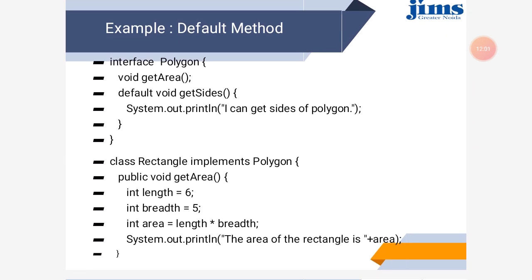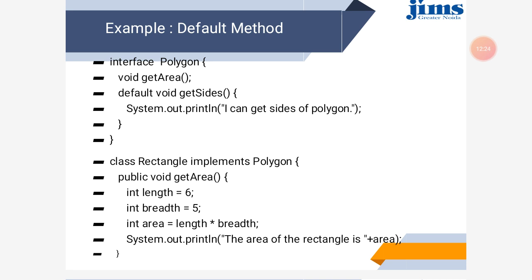We will talk about this program. In this program there is Polygon, which is an interface, and this contains one method getArea, that is an abstract method, and one default method, that is getSides, and getSides has its own body.